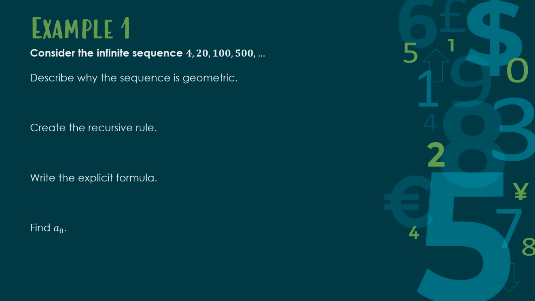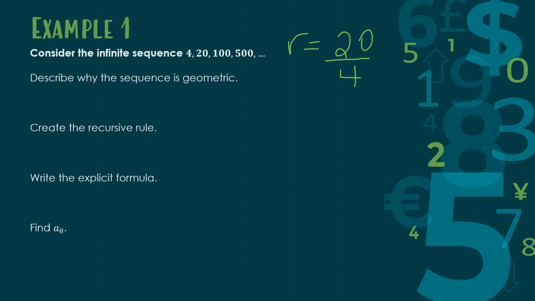In the first example, we have the sequence 4, 20, 100, 500, and we are describing why it is geometric. In order for it to be geometric, you need to have a common ratio, so that means there needs to be a number that you are multiplying by repeatedly. You may be able to look at that and determine that you're multiplying by 5. If not, you can use the rule that says take a term and divide by the previous one.